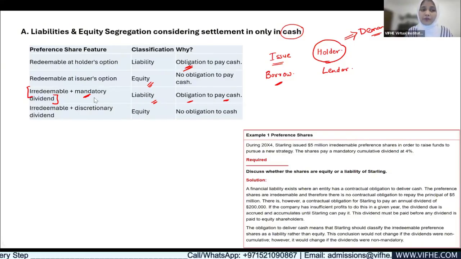So if there is no mandatory dividend, you're not going to pay back the investment if they are irredeemable. So mostly it would be on the winding up of the company. What is the nature then? There is no obligation to pay cash actually. It's all on a decision basis. So this is equity.